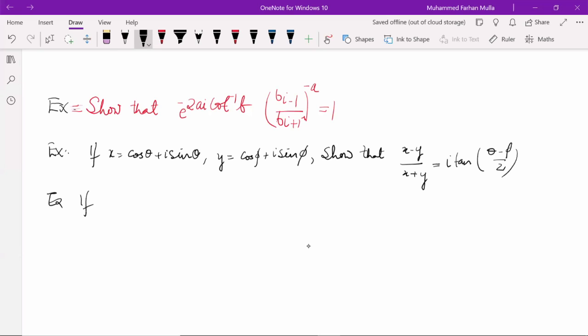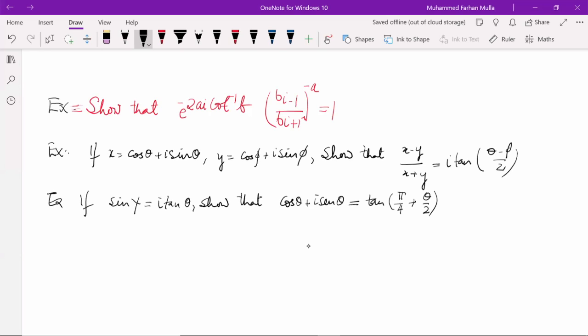So if we have sin psi is equal to i tan theta, then show that cos theta plus i sin theta equal to tan(pi by 4 plus theta by 2).